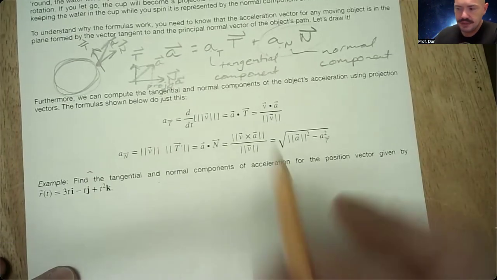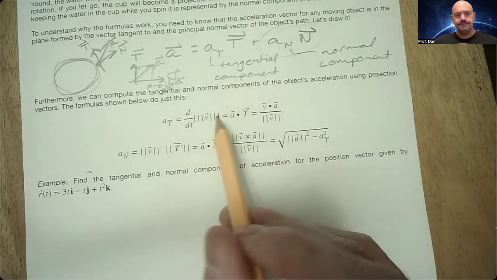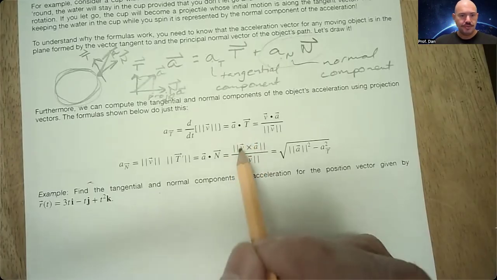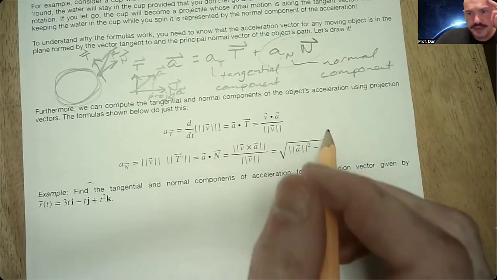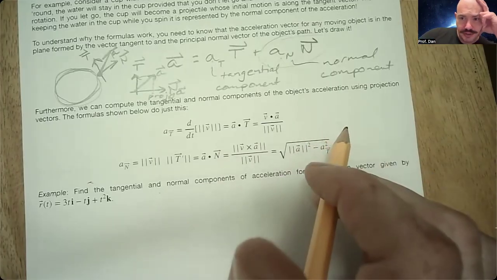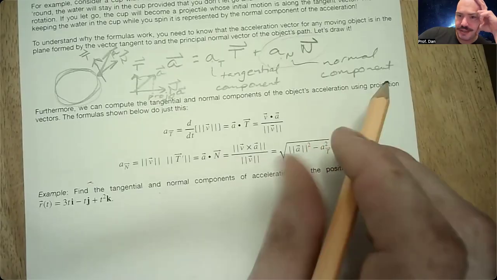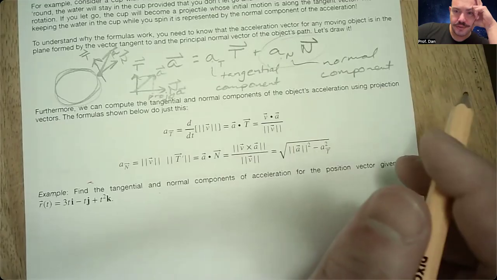So these are some different formulas that we can use to calculate our tangential and our normal components for acceleration. There's not one that's always correct, or one that you should always use because it's easy. It all depends on what information you have available to you.